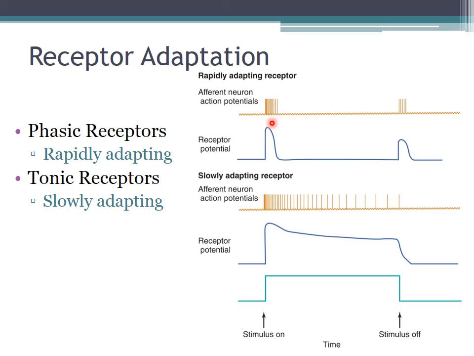But after a while, after a week or so of wearing that watch, you may get to the point where you don't notice it anymore. Is the reason that you don't notice it because the receptor is not being activated anymore? No, the watch is always stimulating that receptor. The difference is you don't notice it anymore because the receptor has just stopped responding to that constant stimulus.